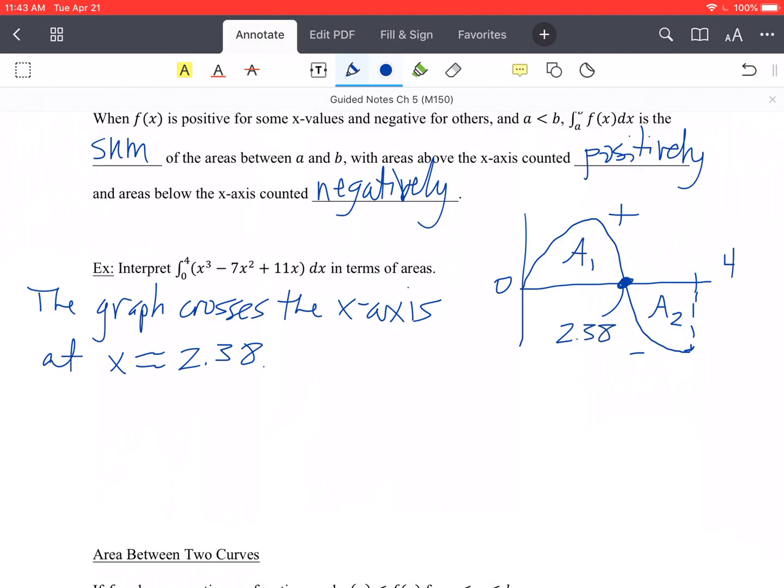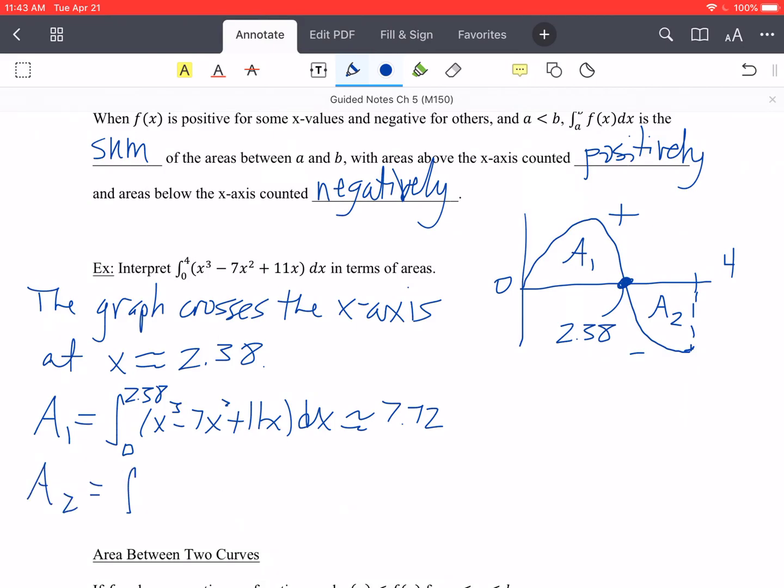And these, again, for right now, are all just approximations. So if we were going to split up our two areas, A1 is going to be the integral from 0 up to 2.38 of the function x cubed minus 7x squared plus 11x dx, which we would get is approximately 7.72.